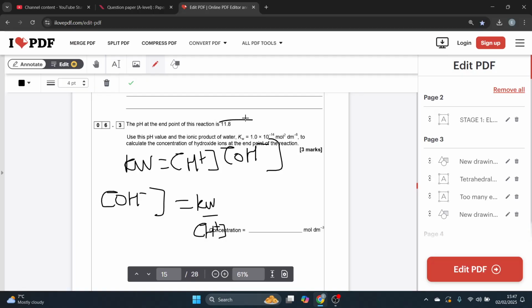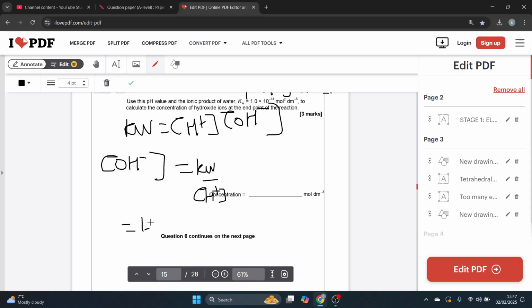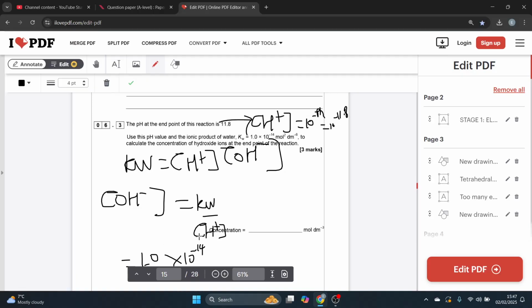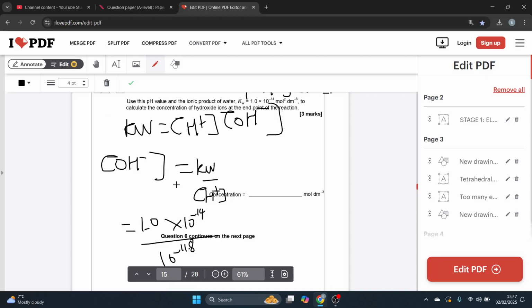How to find concentration H plus ions is 10 to the power minus pH. Therefore, it's going to be 10 to the power minus 11.8. So it's going to be 1.0 times 10 to the power minus 14 divided by 10 to the power minus 11.8. And that will give me the concentration of hydroxide ions. That's simple.